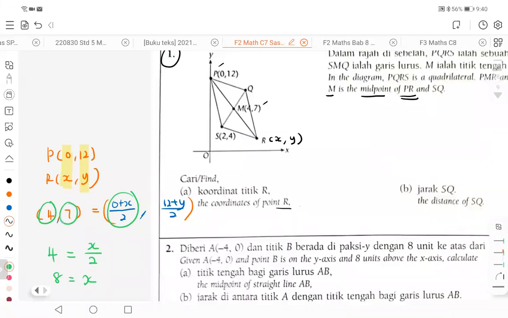The other side, 7 equals 12 plus y over 2. So 2 times 7, 14 equals 12 plus y. So y equals 14 minus 12, which is 2. But that's not the answer yet, because you need to state it in coordinates. So R is (8, 2).